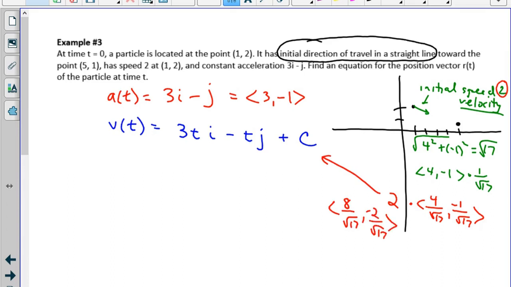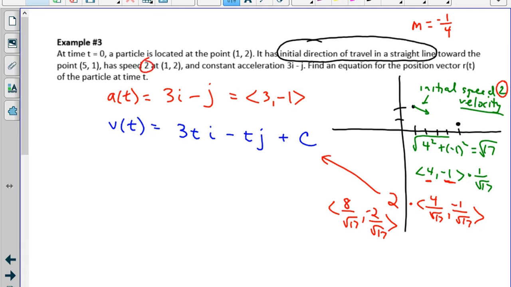So that's kind of an important thing. You have to understand that the slope of this, like if we're thinking in algebra 1 terms, is negative 1/4. So that means that my vector has to be going in that direction. So the y component has to be negative 1, the x component has to be 4, and then we want to unitize it and then multiply it by 2 so that our speed can be exactly what the problem tells us the speed is at that point in time.